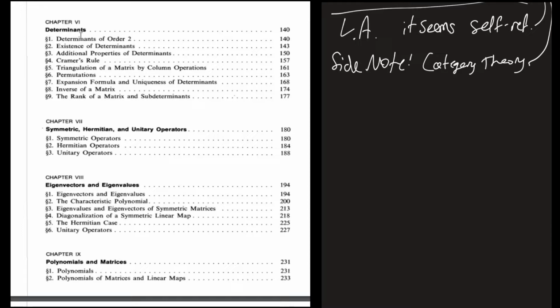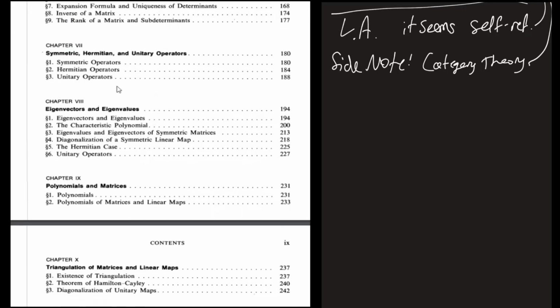Determinants, of course. If I remember correctly, it's like a function, pretty sure. I studied category theory recently too, and I think determinants can also be a functor. So there's a lot of stuff here. Let's see. Yeah, so we have inverses, of course, and permutations. Cramer's rule, very good.